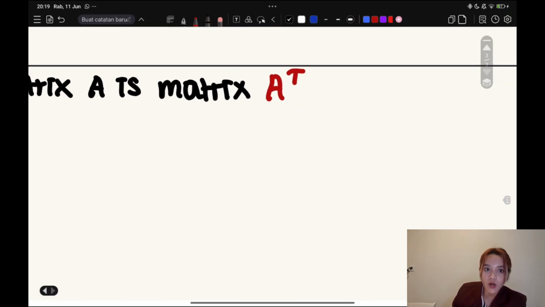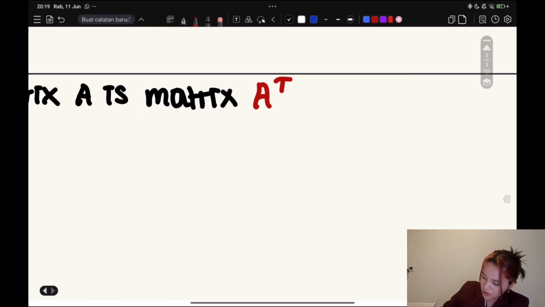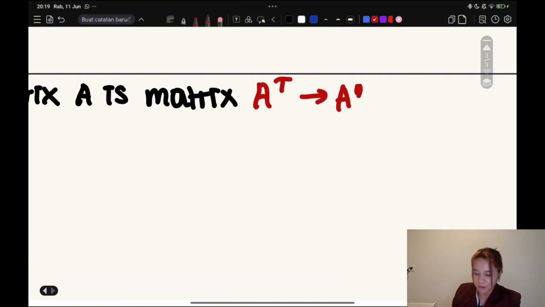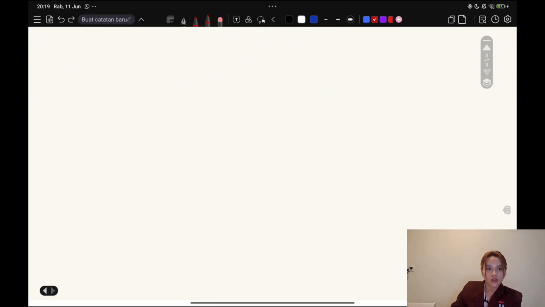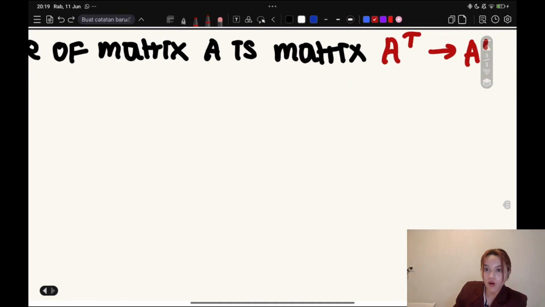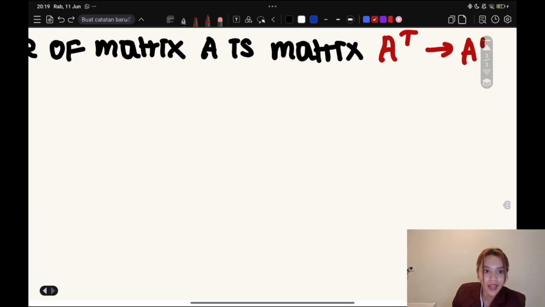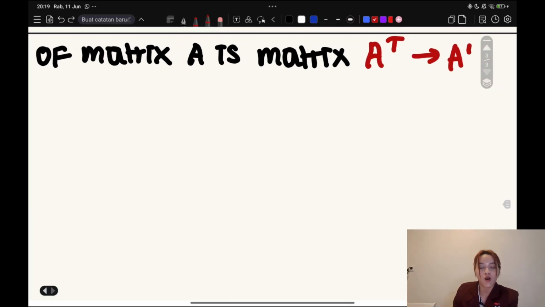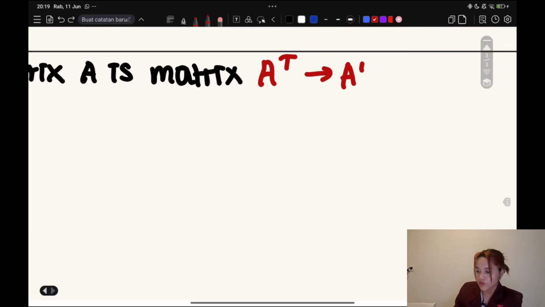We can also write them as A prime, which can be done as follows. Write the rows or columns of A as columns or rows of A transpose.